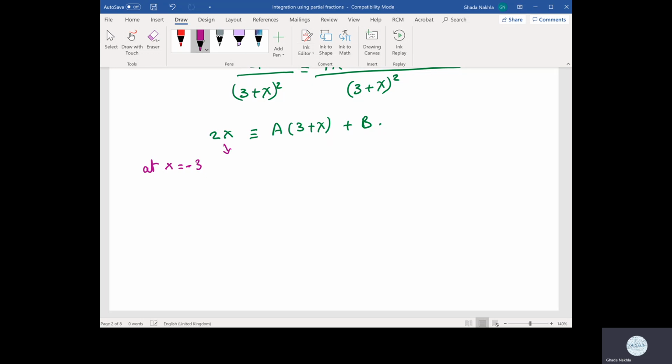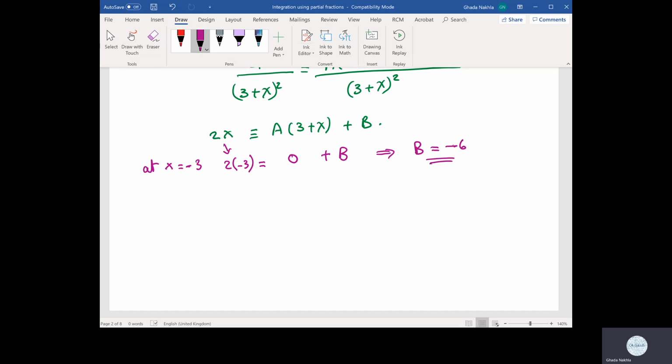So let's substitute here. 2 multiplied by minus 3 equals a(minus 3 plus 3), so all that term will go to 0, plus b. Therefore, b must be equal to minus 6. I have found b, which is great.